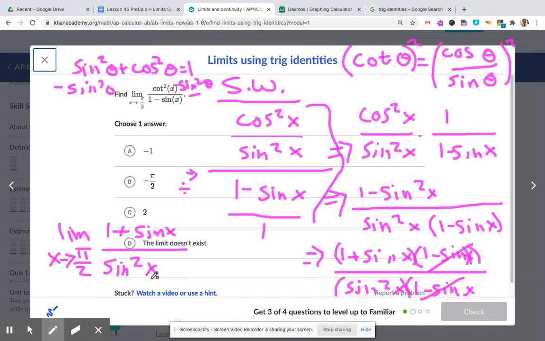All right, good. And then we're just plugging in pi over 2. So like we talked about last time, sine of pi over 2 is equal to 1. So this turns into 1. This is 1 squared. And I get 1 plus 1 over 1. I got 2 as my final answer.